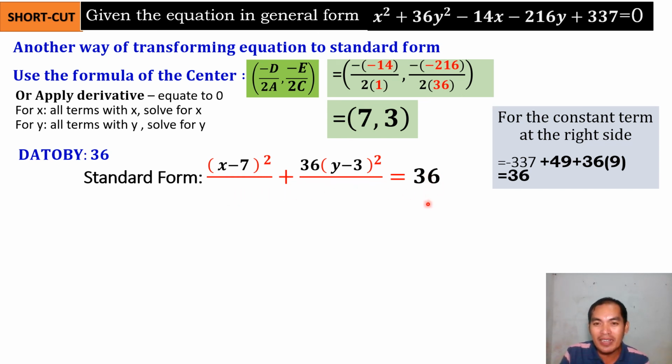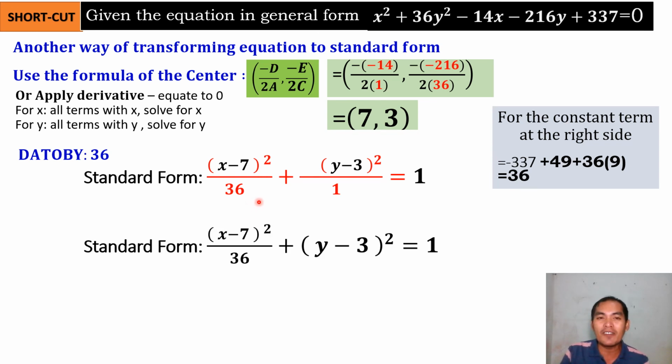So, 36 divided by 36 is 1. Then, 36 divided by 36 is 1 here. 36 divided by 1 is 36. So, 36 is the denominator. That's 1. And this is the standard form of the given ellipse. Or you can remove 1 as denominator because it's a whole number. So, this is the standard form.